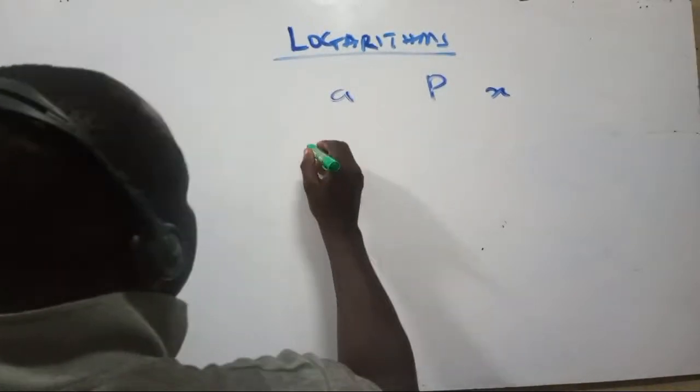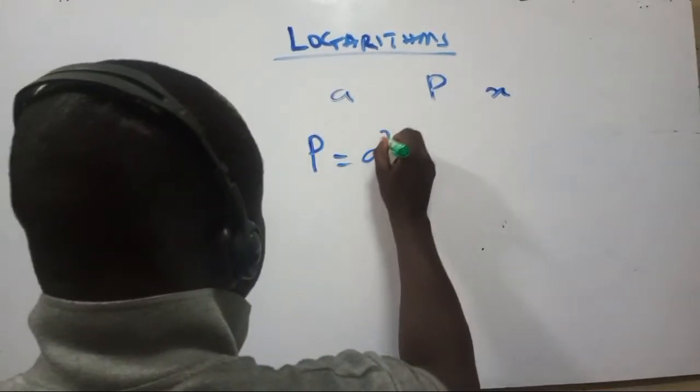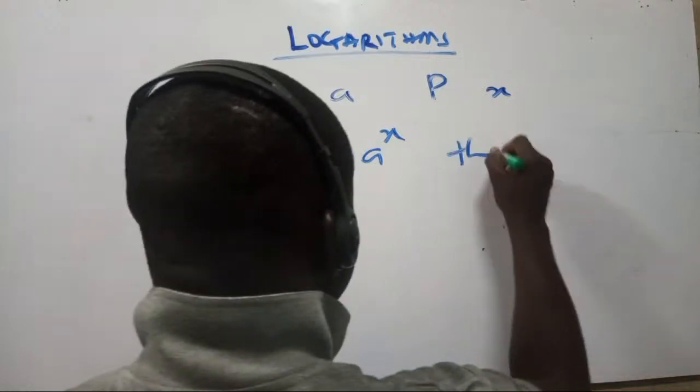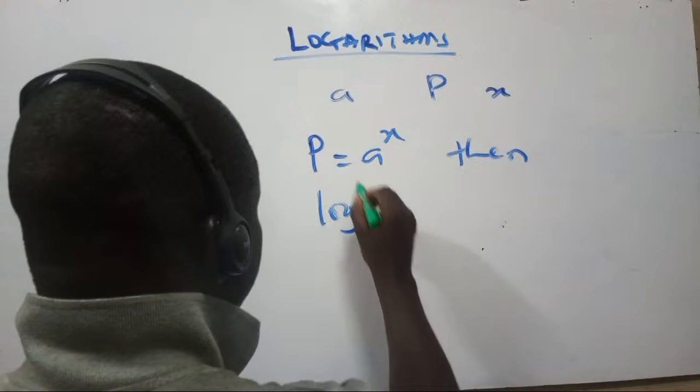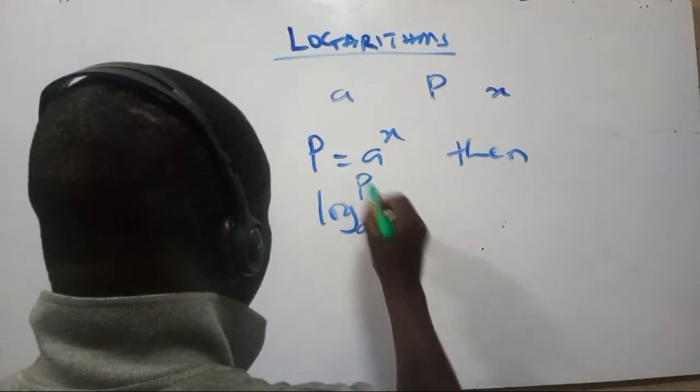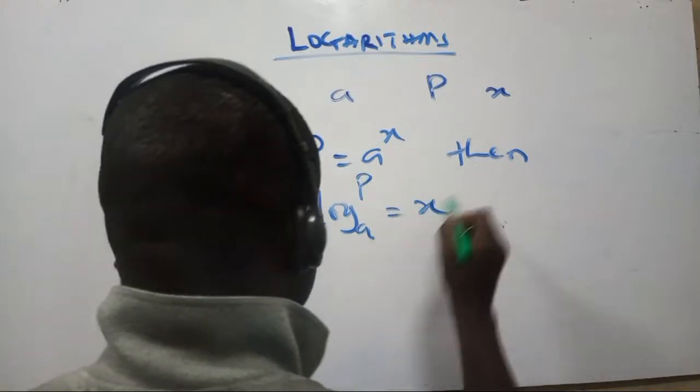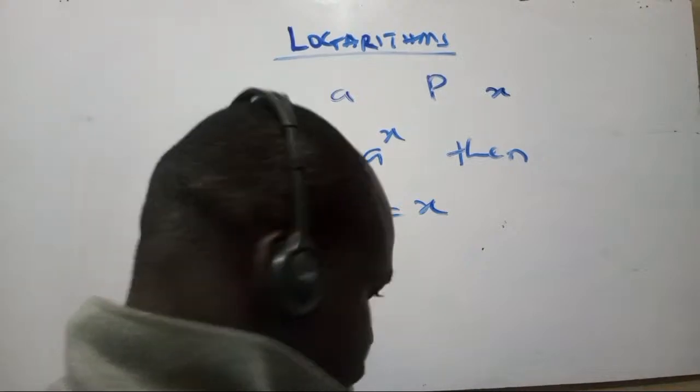That is, if we have p is equal to a^x, then log p to base a is equal to x. That is what we are talking about.